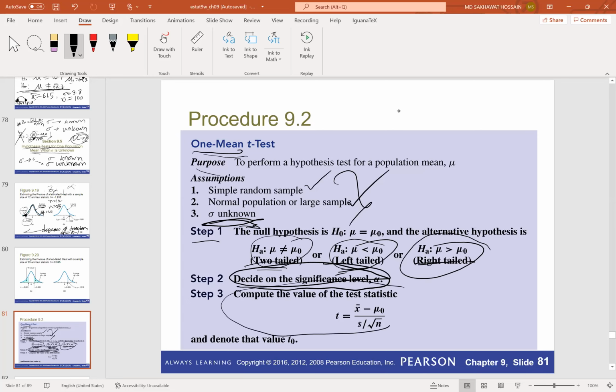Then you compute the test statistic. In the previous case it was z observed equals x bar minus mu 0 over sigma over square root of n. Now it is t observed, or t0, equals x bar minus mu 0 over s over square root of n. Previously it was the population standard deviation sigma, now it is the sample standard deviation s. That is the only difference.